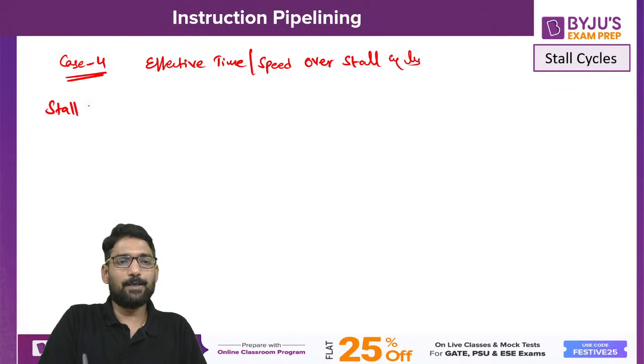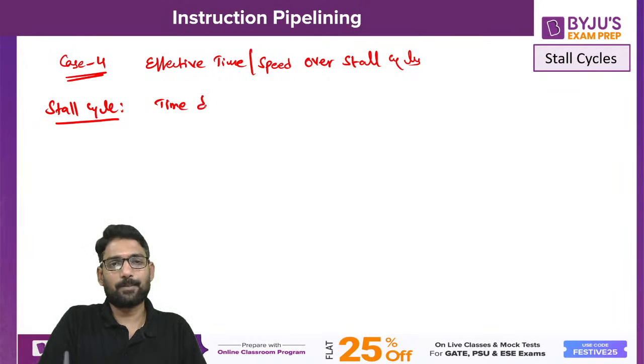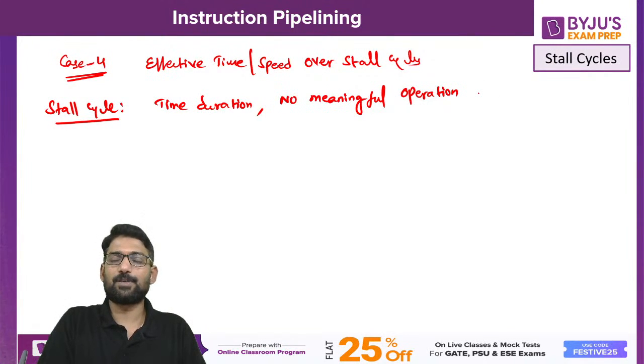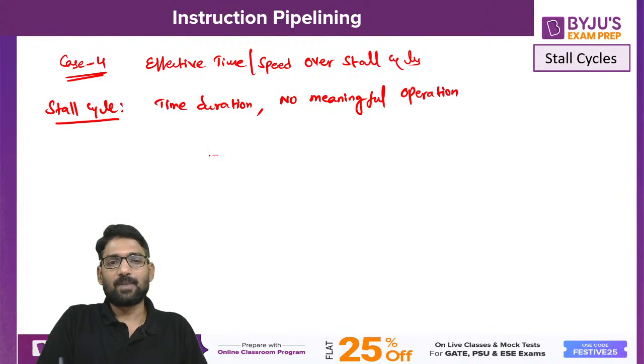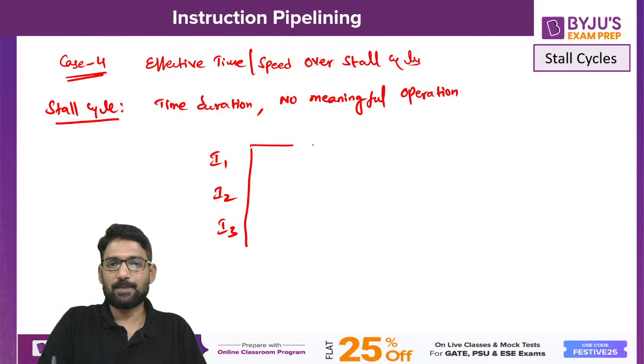So technically, to define stall cycle, it is the time duration during which no meaningful operation is performed for any instruction. For example, let's say I am having some instructions and some stages. If I draw the space-time chart, let's say it is like this.